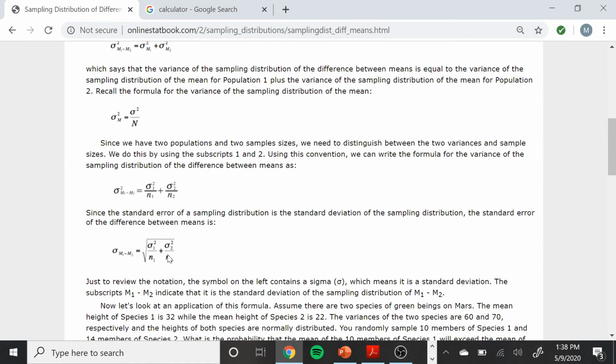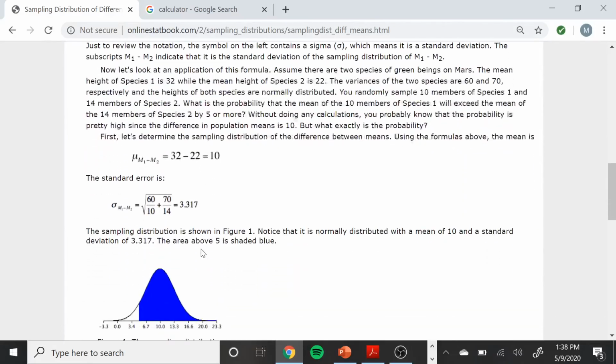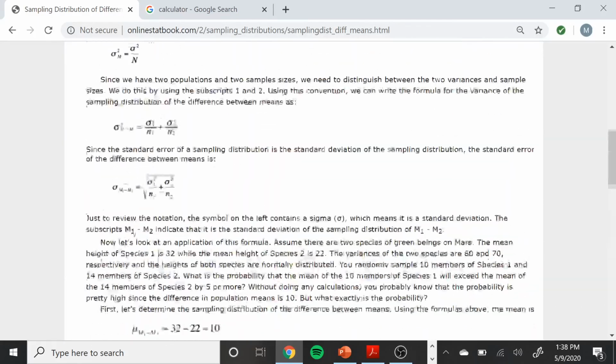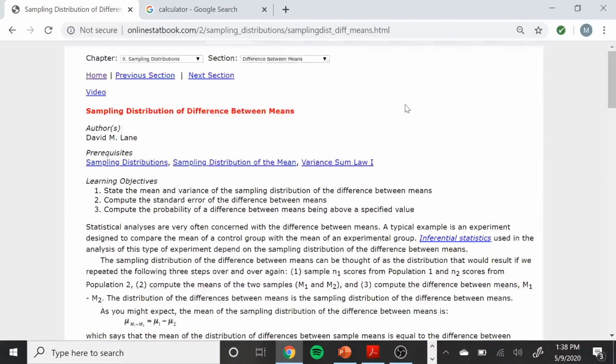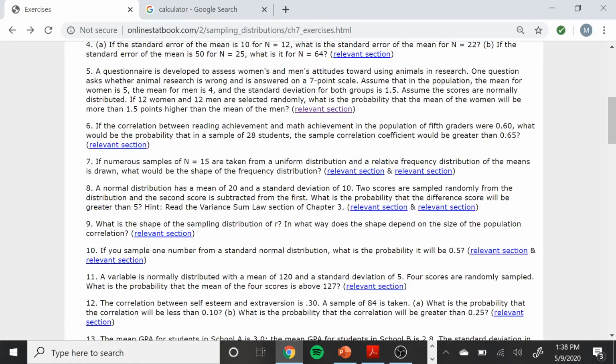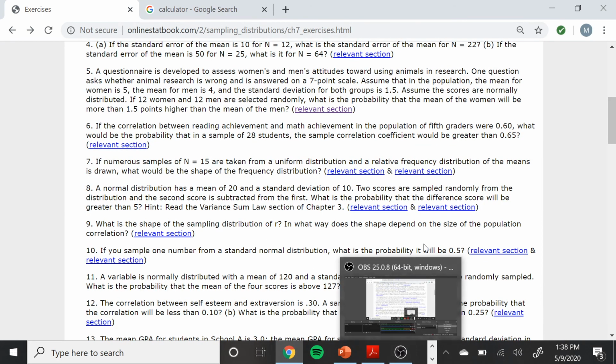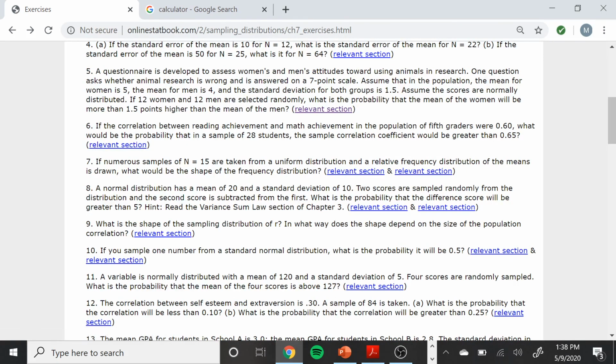There's the formula for the standard error and things like that. Then you can hit the back button and try that question again. So you use the book and the guide together. Always use these relevant section tabs to help you find stuff.